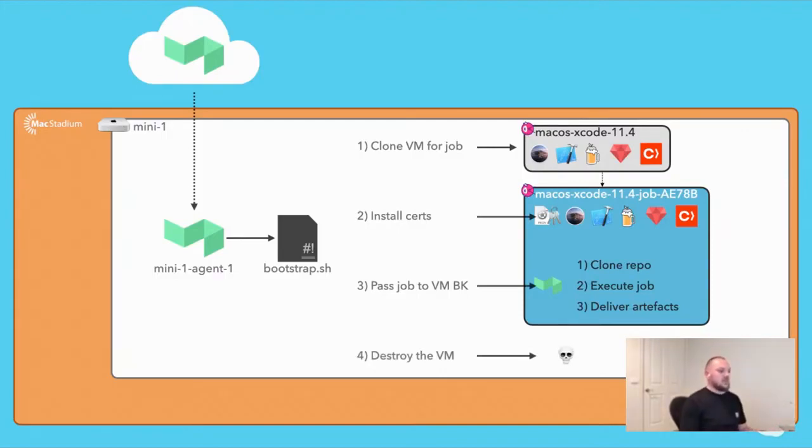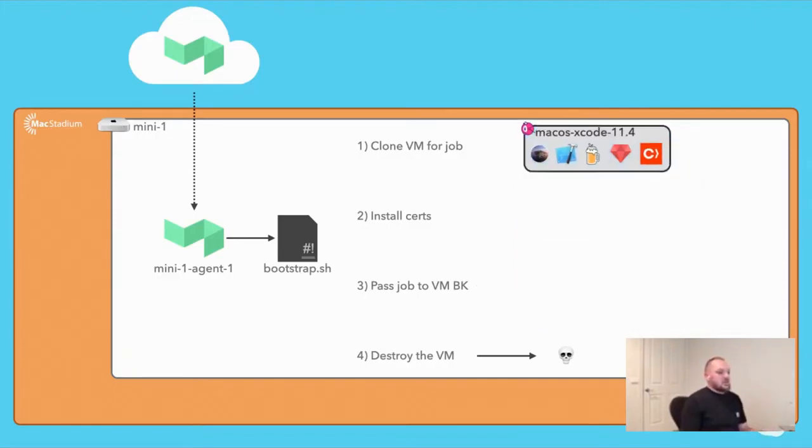So we kill the VM that we made just for that build, and we go back to where we started. So doing that process over and over again, every time a build occurs, we can guarantee that we've got the same immutable reference image that is used for a particular build.